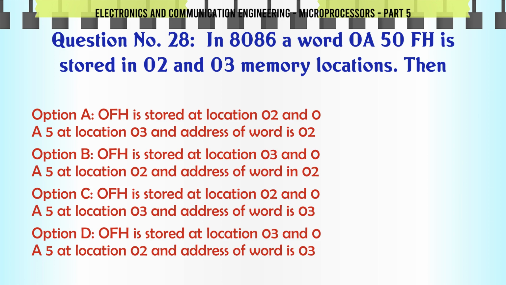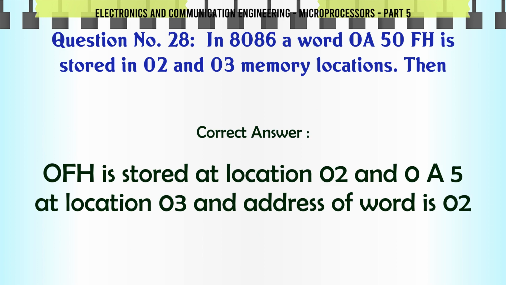B. 0FH is stored at location 03 and 0A5H at location 02 and address of word is 02. C. 0FH is stored at location 02 and 0A5H at location 03 and address of word is 03. D. 0FH is stored at location 03 and 0A5H at location 02 and address of word is 03. The correct answer is 0FH is stored at location 02 and 0A5H at location 03 and address of word is 02.